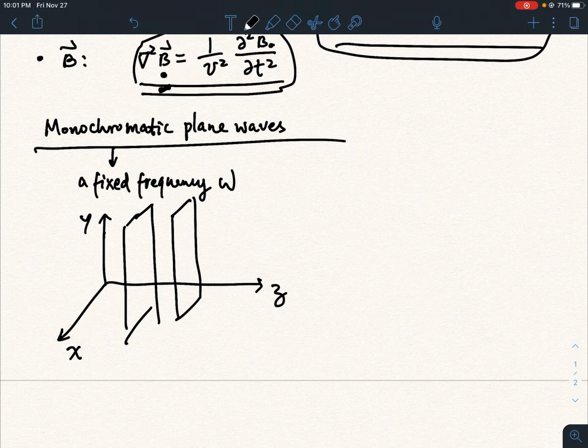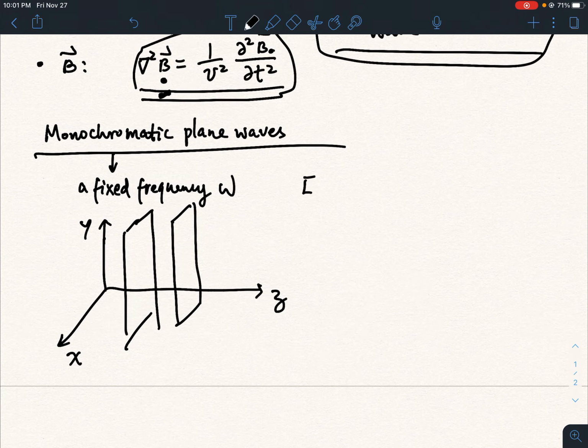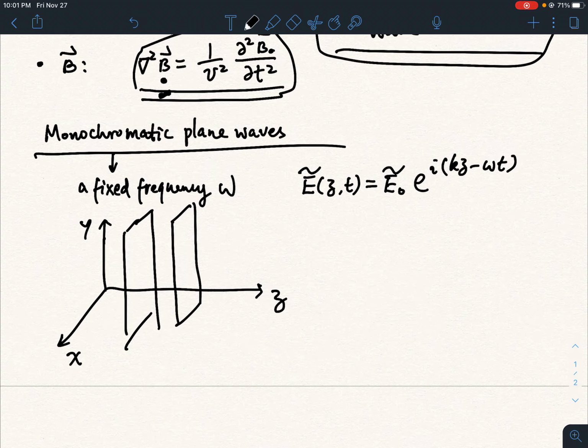Because we are talking about a wave propagating along the z-axis, we can write it in complex form, as we described before. We like to use the complex format because it allows us to use exponentials, which often make the calculation easier.